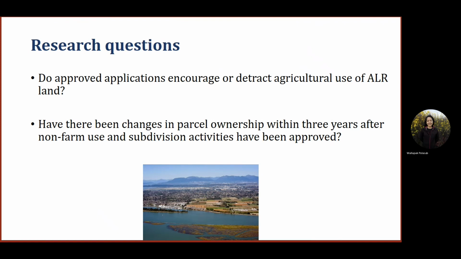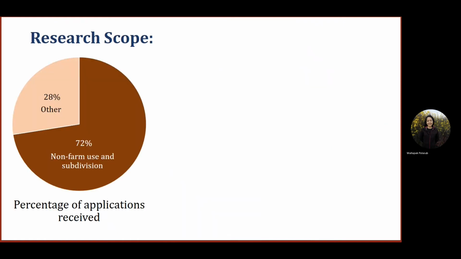We have two research questions. First, do approved applications encourage or detract agricultural use of the ALR lands? Second, have there been changes in parcel ownership within 3 years after non-farm use and subdivision activities have been approved? Of all applications submitted to the ALC, nearly 3/4 were non-farm use and subdivision applications.